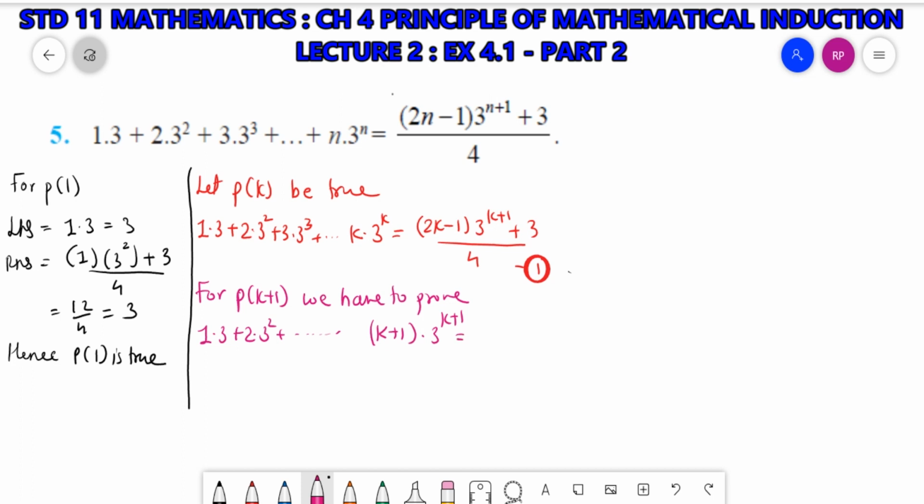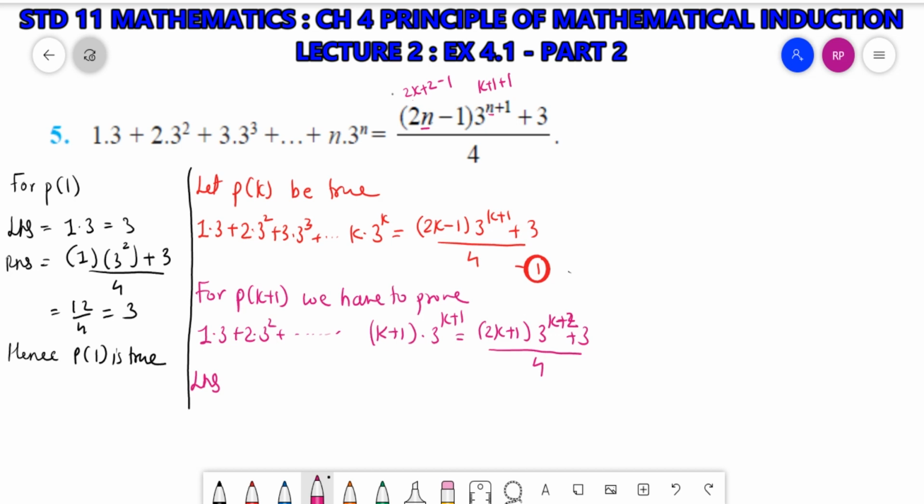This is equal to, now 2 into (k plus 1), so that will be 2k plus 2 minus 1, so 2k plus 1, 3 raised to, now instead of n, k plus 1 plus 1, so k plus 2, plus 3 upon 4.